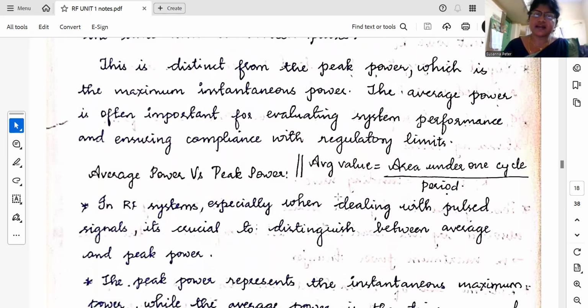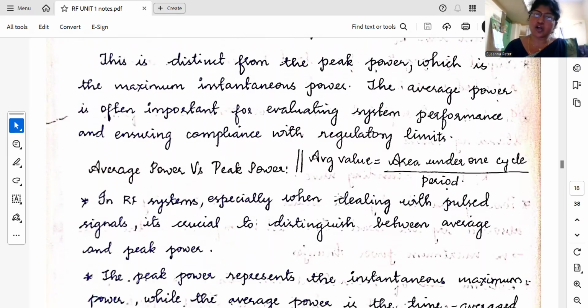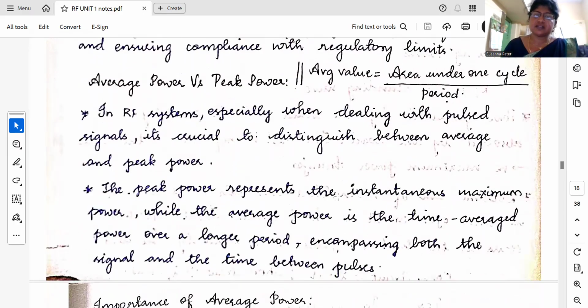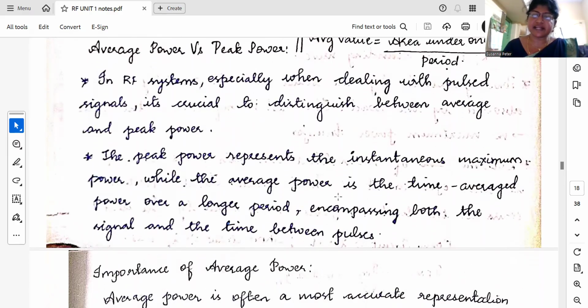So our definition for average value is: average value is equal to the area under one cycle divided by the period. Coming to peak power, it represents the instantaneous maximum power, while the average power is the time average power over a longer period, encompassing both the signal and the time between the pulses.